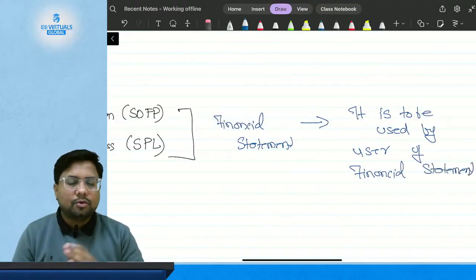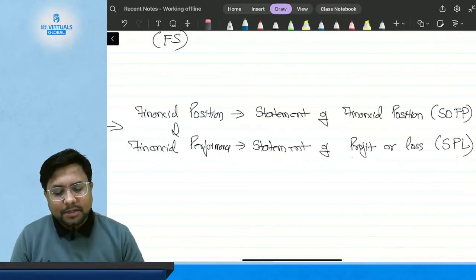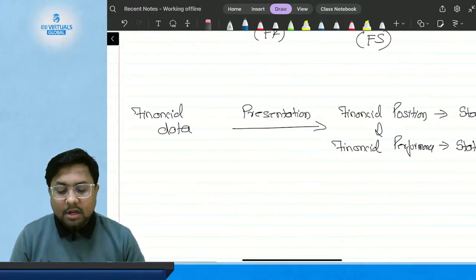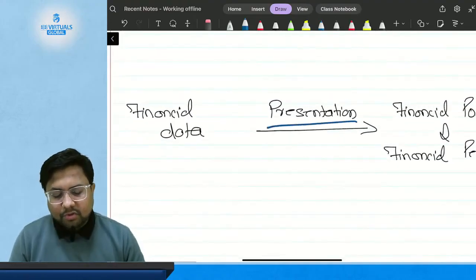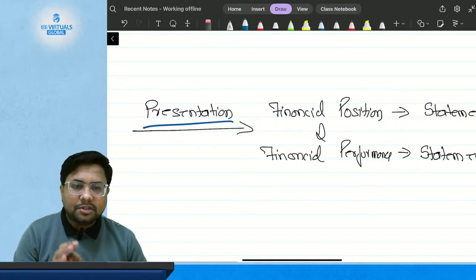I have just drawn the entire chain and cycle of how the reporting is done. Now start again. Financial reporting is the presentation of financial data in the form of financial position and financial performance.